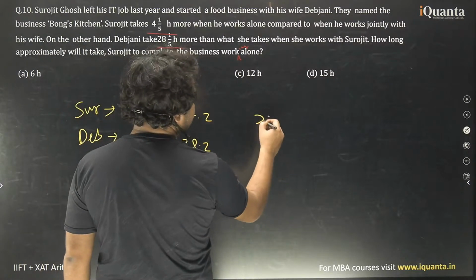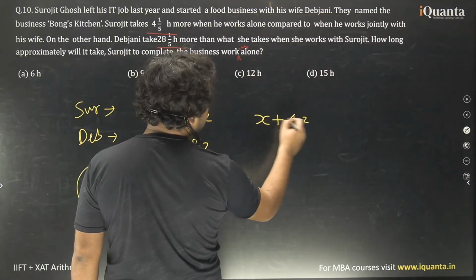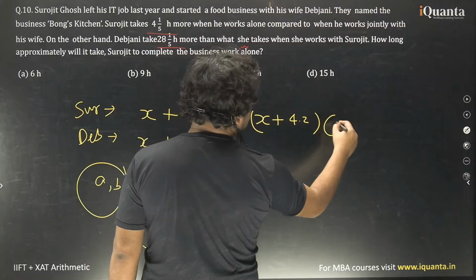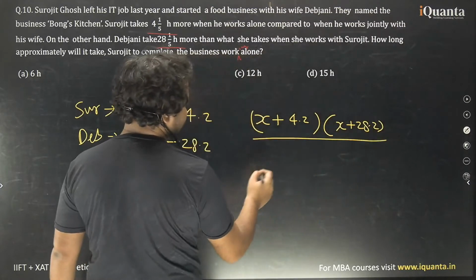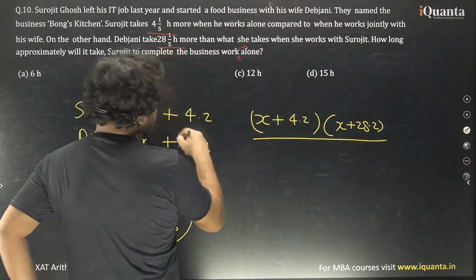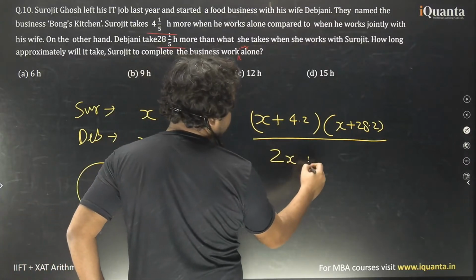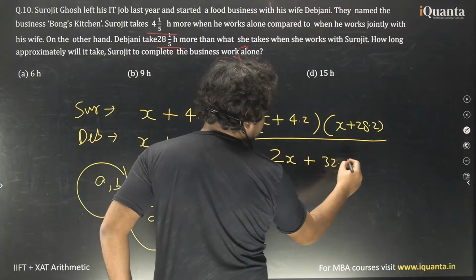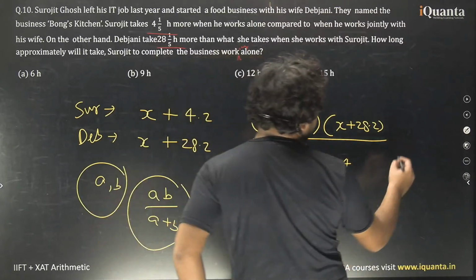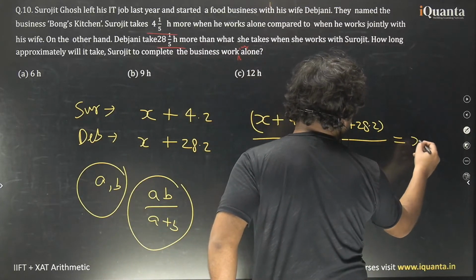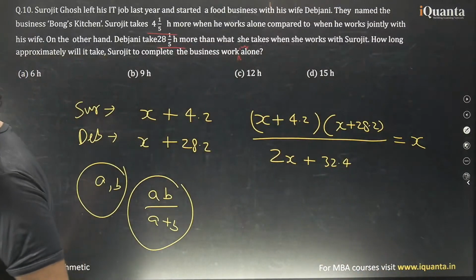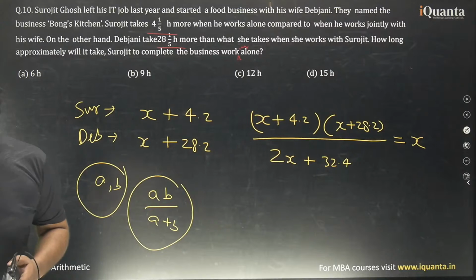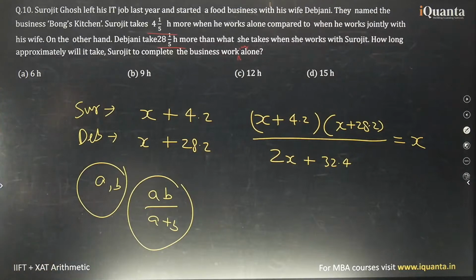We need to write x plus 4.2 multiplied by x plus 28.2 whole upon the sum, 2x plus 32.4. This will be equal to x. Is that right? So we need to solve this quadratic equation. That is what this is all about.